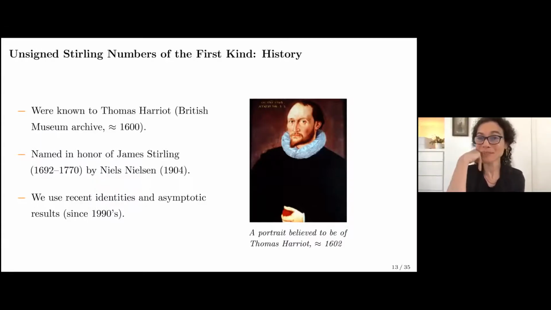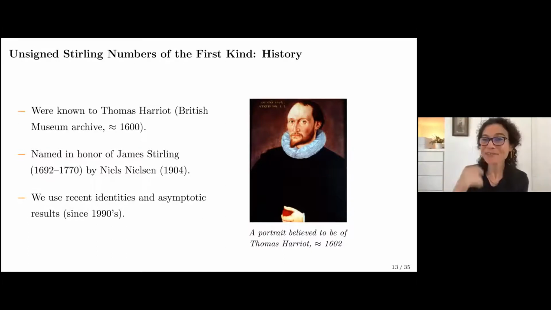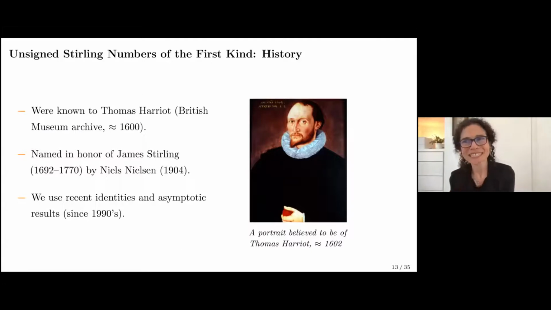It was named in honor of James Stirling, who lived almost a century later, between 1692 and 1770, by Niels Nielsen only in 1904. Interestingly, a lot of the characteristics of these numbers have garnered a lot of attention in the last few decades, and we're using some results from the 1990s. I'll allude to one if I have time at the very end.